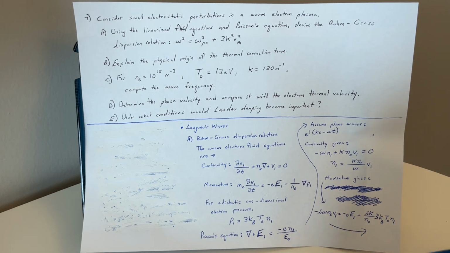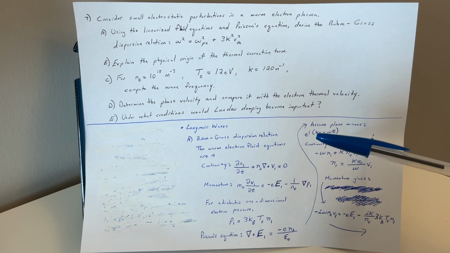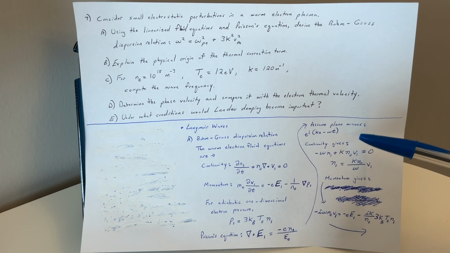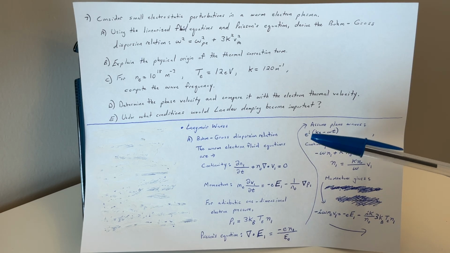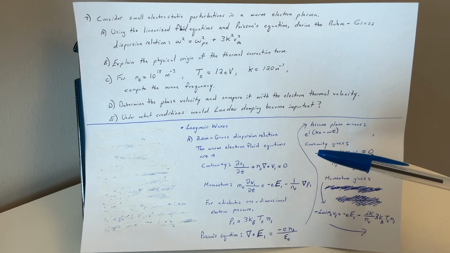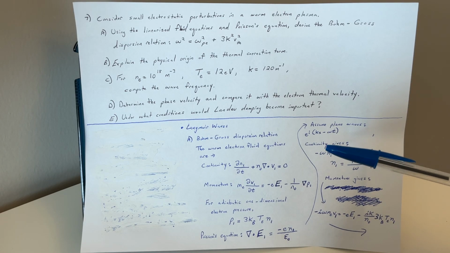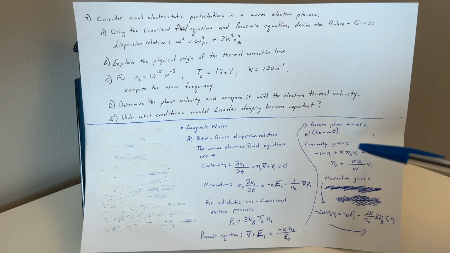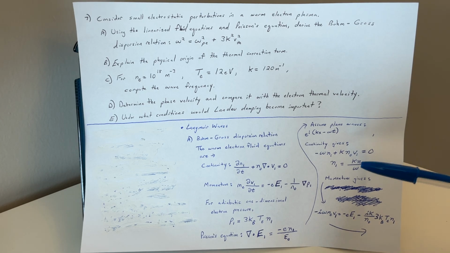What we're going to do here is assume plane waves, e to the i times the quantity kx minus omega t. Continuity gives the following: negative omega n sub 1 plus k n naught v sub 1 equals 0, so n sub 1 equals k n naught over omega times v sub 1.